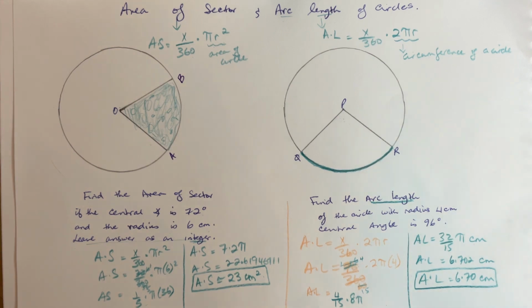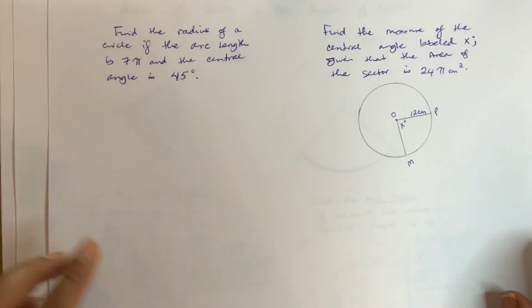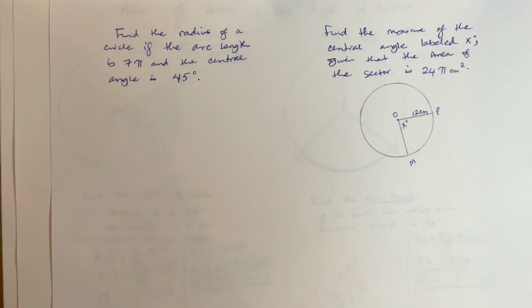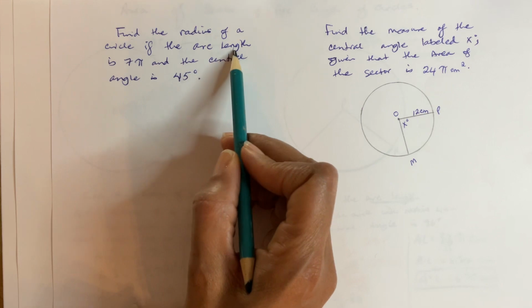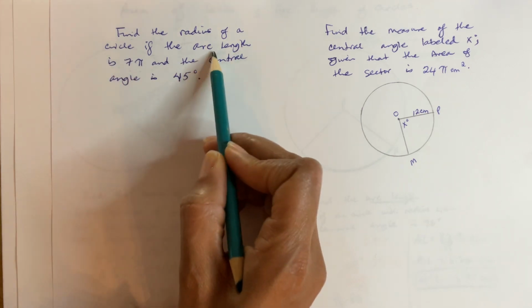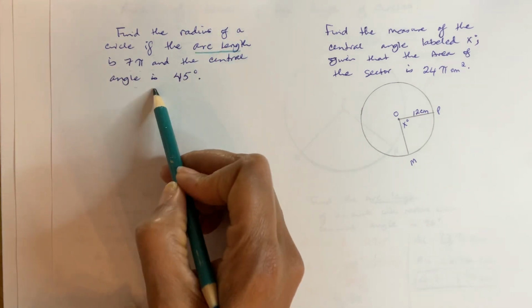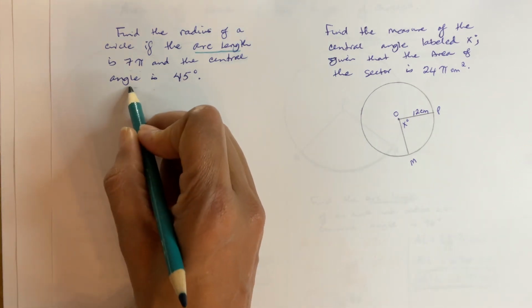Now, they're always throwing something where they give you the area of the sector or the arc length, and then you have to work backwards to find whatever it asks you. So here it says find the radius of a circle if the arc length is 7 pi and the central angle is 45 degrees. So you write your formula.